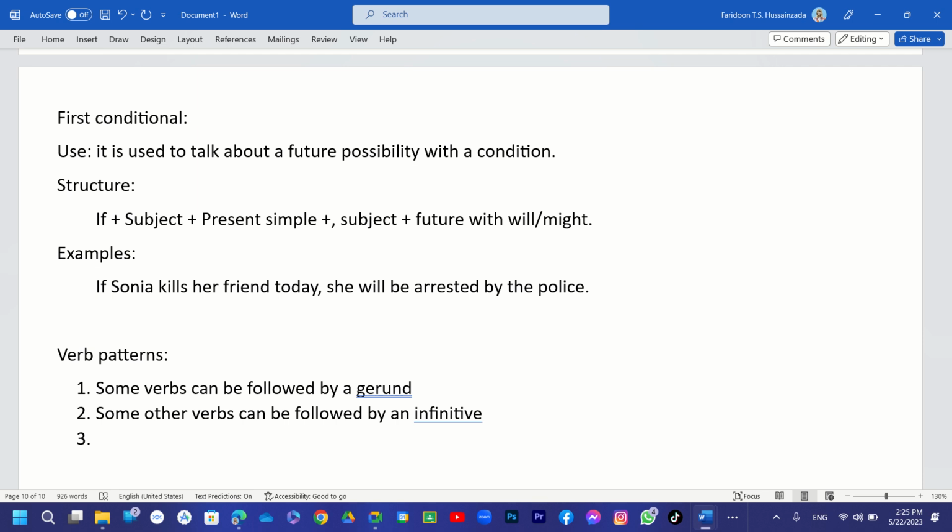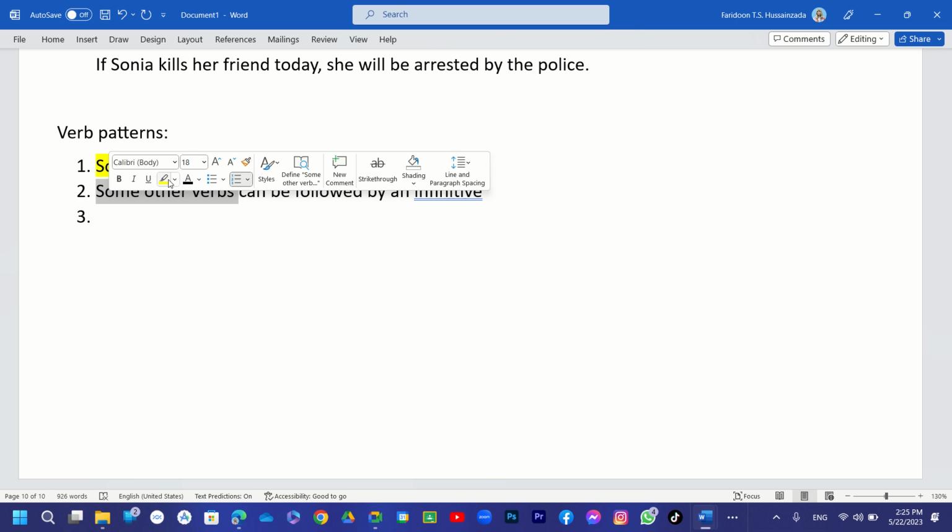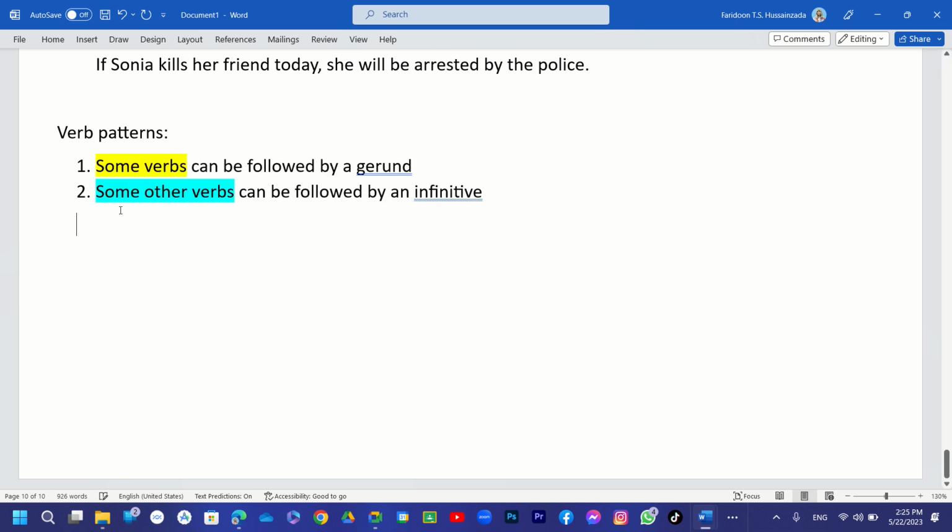Now, the problem that most people have here is that they don't know what those some verbs and some other verbs are. So for that reason, the only thing that we can do is to give you a PDF or a list of words that you can memorize. And whenever you get the time, study it. But we can give you one or two examples of it, of course.